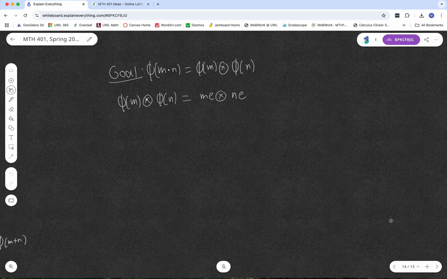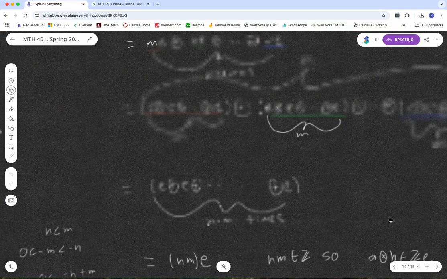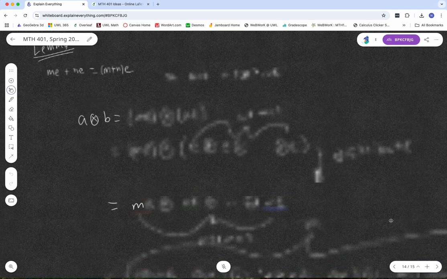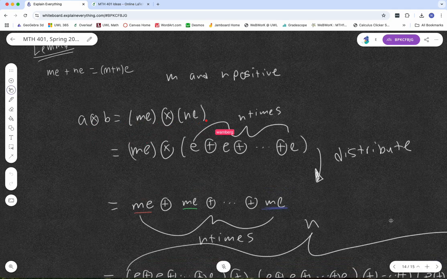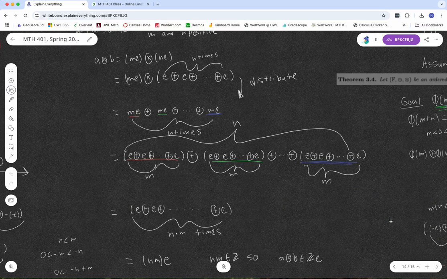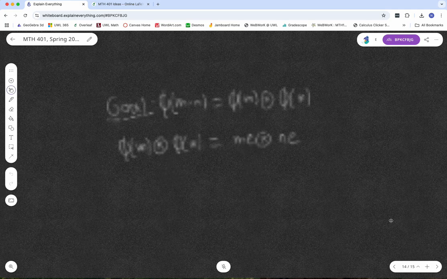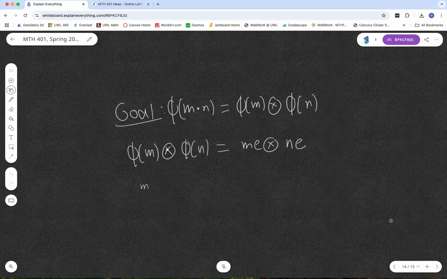If they're both positive, then we kind of did that before. That's essentially the case where they're both positive, and then we get n times m. If they're both negative, very similar. So, one positive, one negative: m is negative and n is positive. This should be the hardest case.